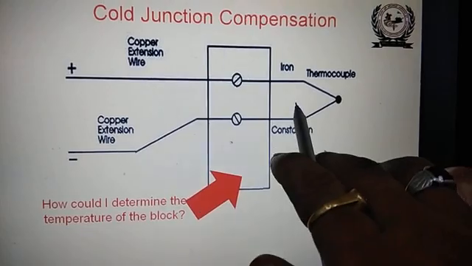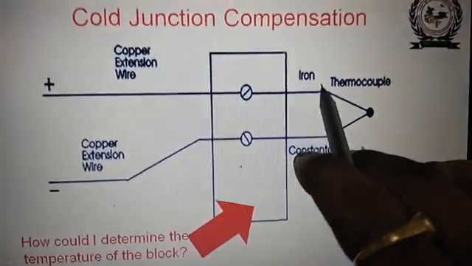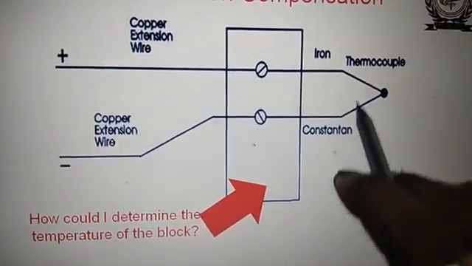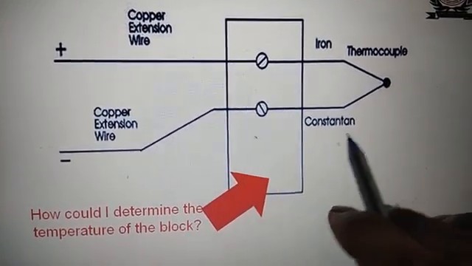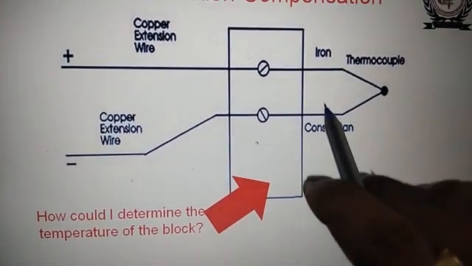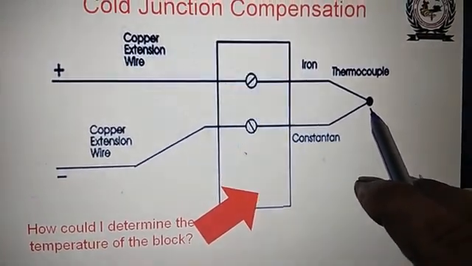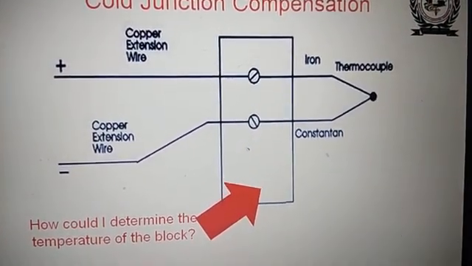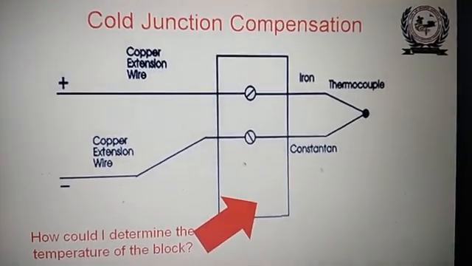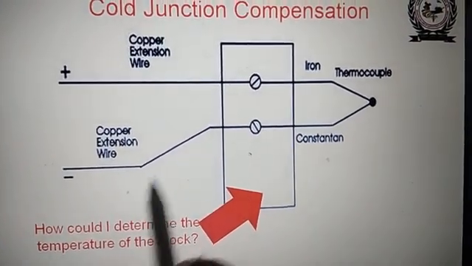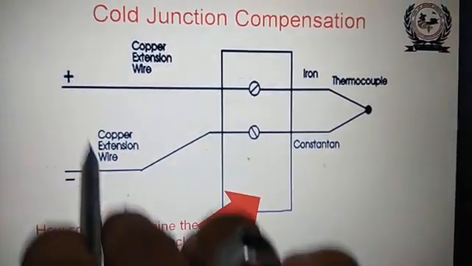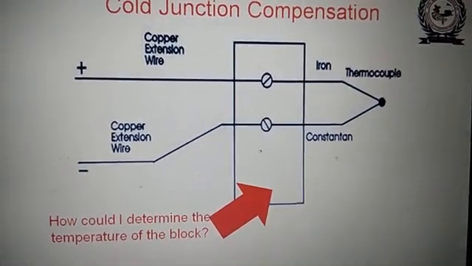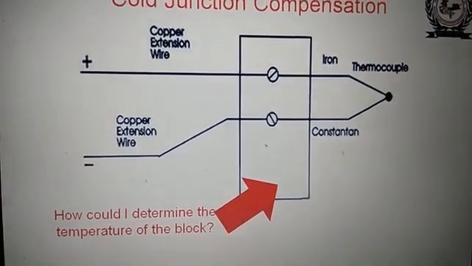This is the thermocouple here, and this is iron metal, and this is Constantan metal, and this is the tip where we want to measure the temperature. This is copper extension wire. This is also copper extension wire where we will get the change in voltage due to change in temperature.